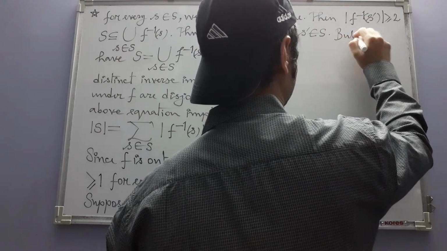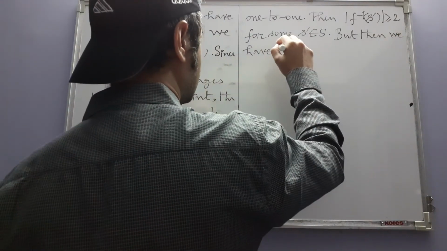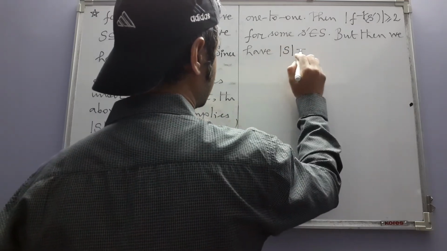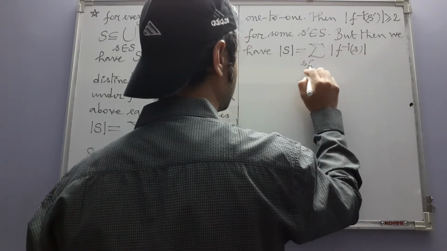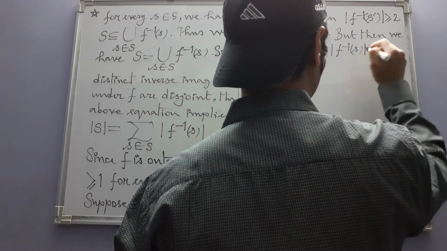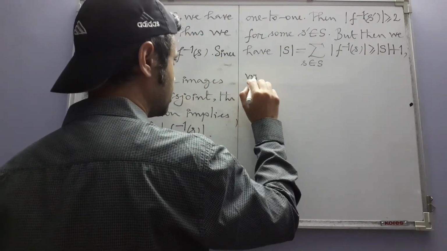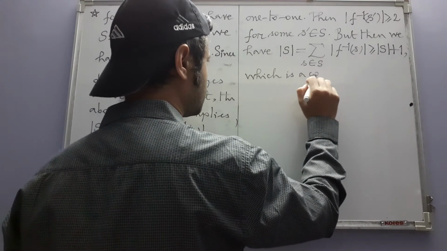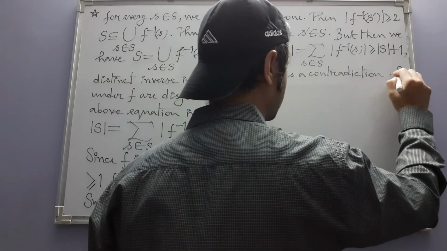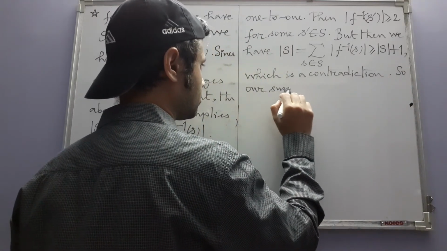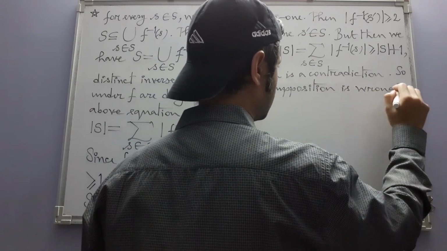But then we have the number of elements in S, which is equal to this sum, and this will be greater than or equal to the number of elements in S plus 1, which is a contradiction. So our supposition is wrong.